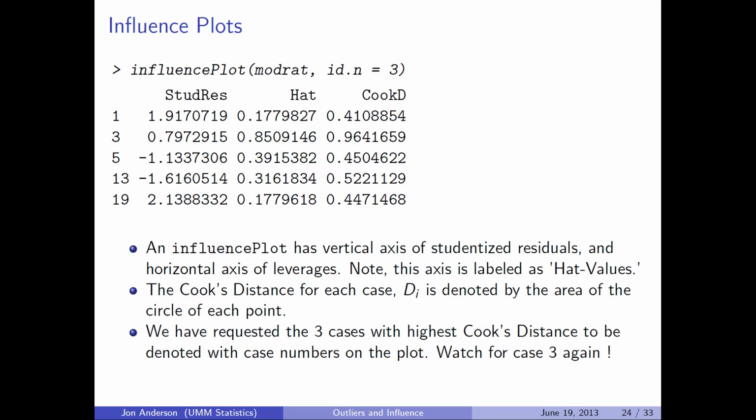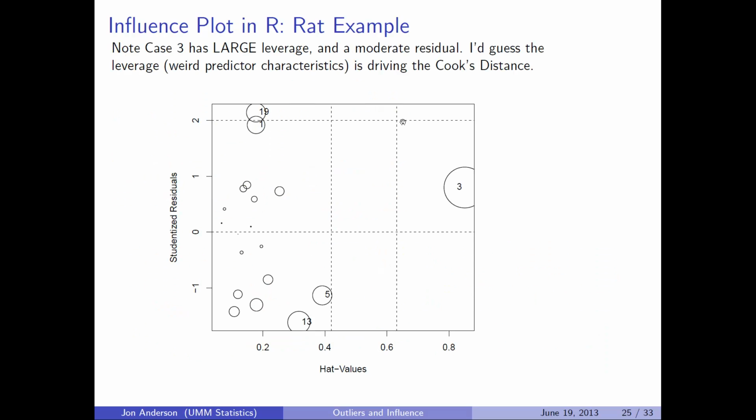Another command that is helpful is the influence plot command. You supply a model and how many cases you'd like to be identified specially, and it spits back for you some printed output about studentized residuals, the leverage, the Cook's distance, so you can see unusual values. And you also get a plot, of course, that comes with it, like this. We have studentized residuals on the vertical axis.